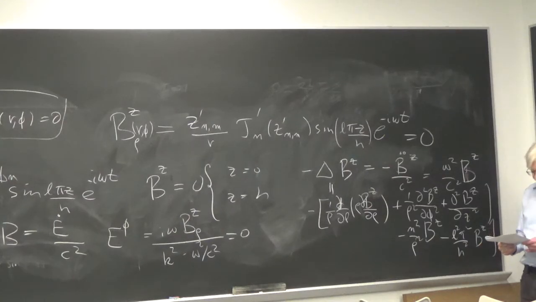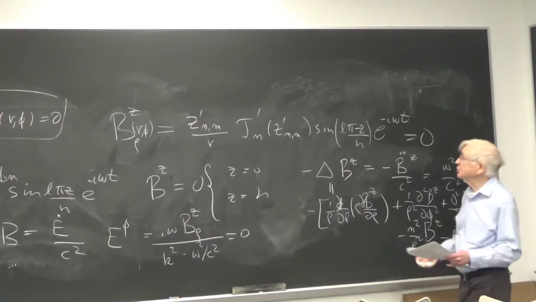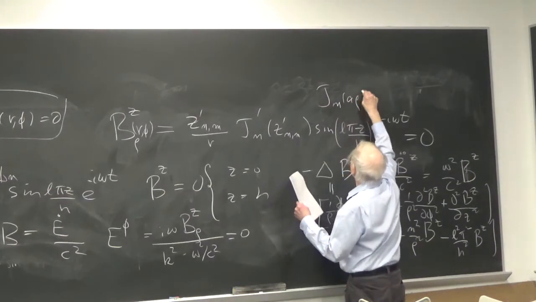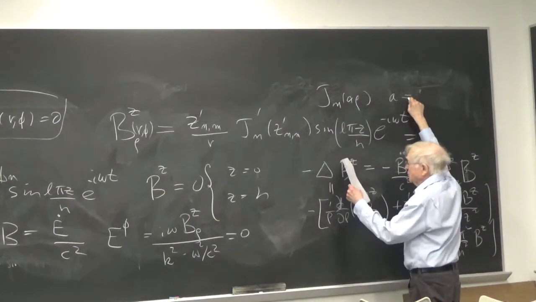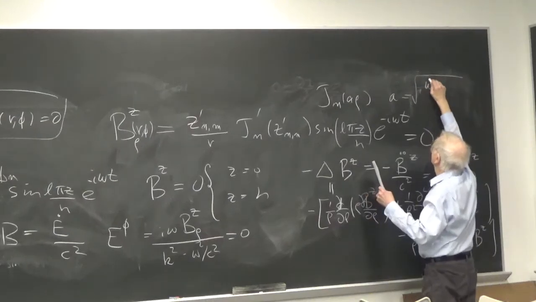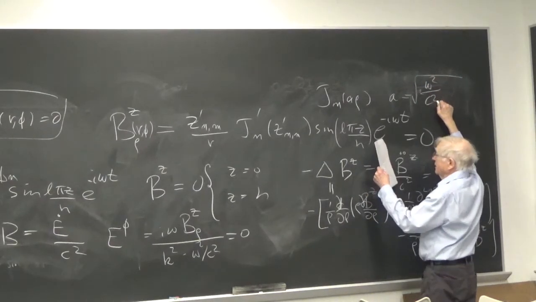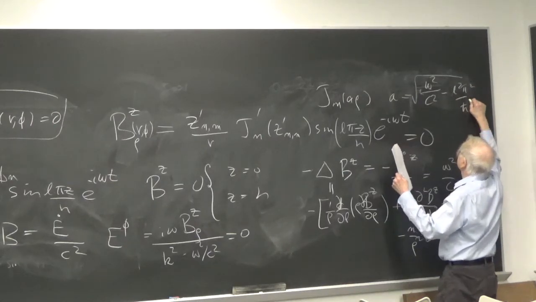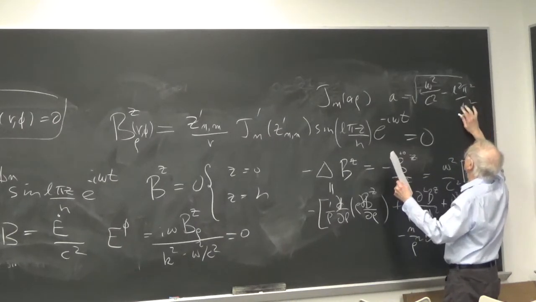And it's Bessel's equation for Jn of A rho, where A is equal to the square root of omega squared over C squared minus L squared pi squared over H squared, not H bar squared.